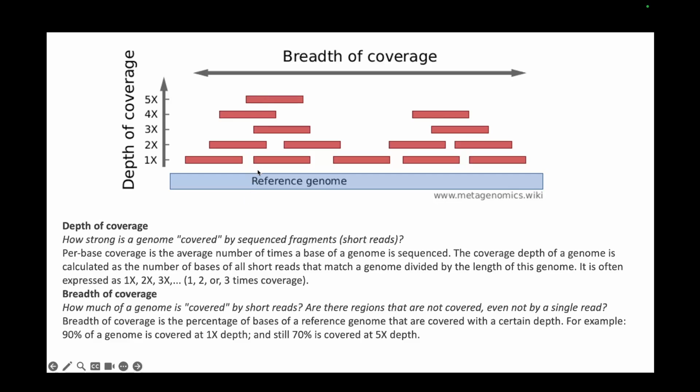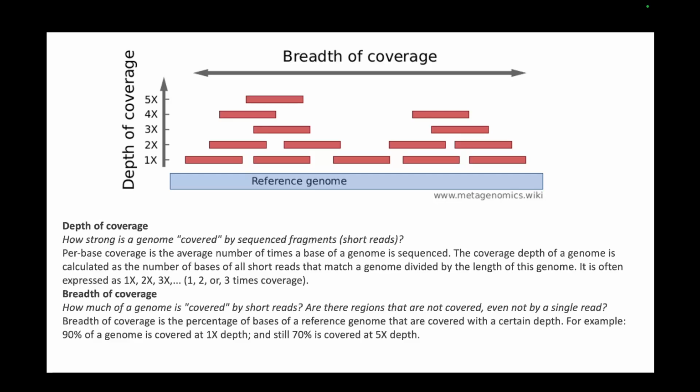Say I have an A here. How many times has this A been sequenced? It's 1, 2, 3, 4, 5. Five reads have the evidence that there is an A at that position. That is what gives you the depth, and the breadth, or sequencing coverage, tells you how much of the genome has been sequenced.